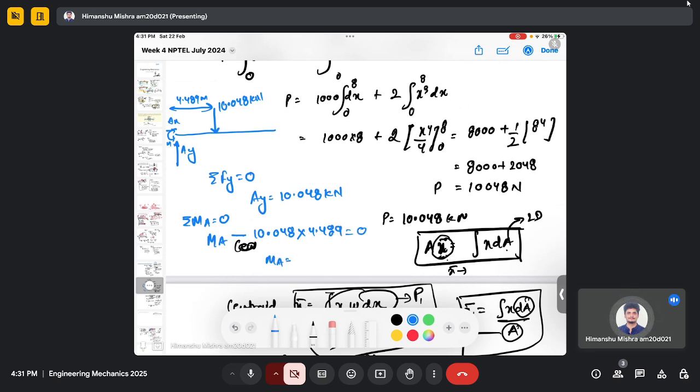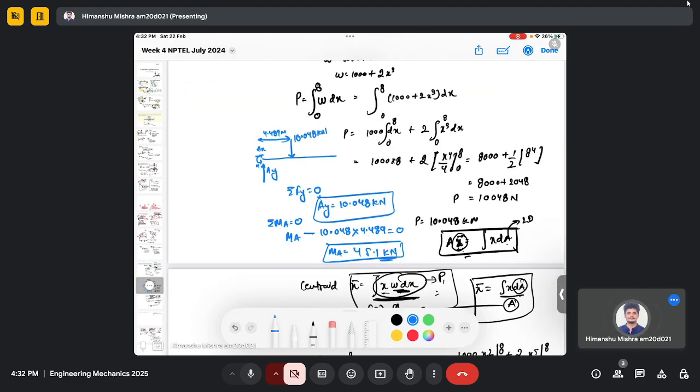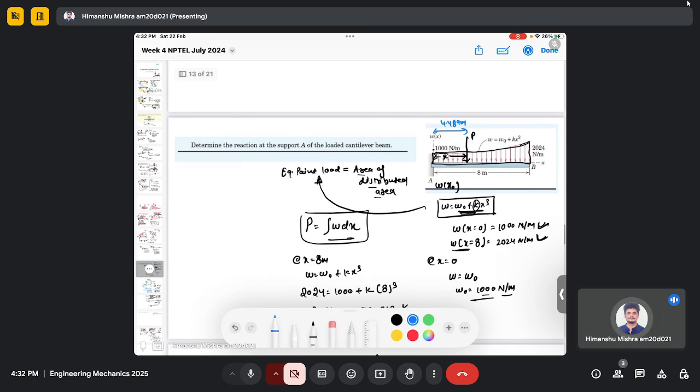So MA will be 45.1 kilonewton-meter. This will be your bending moment at point A, and this will be your reaction force at point A, 10.048.